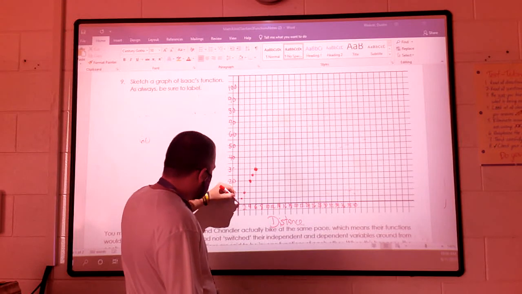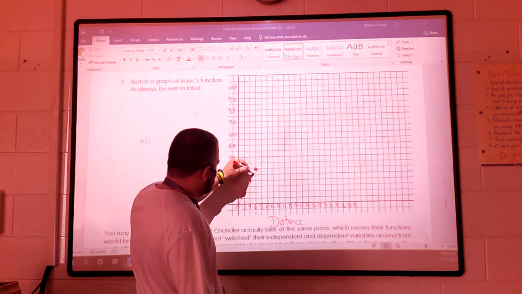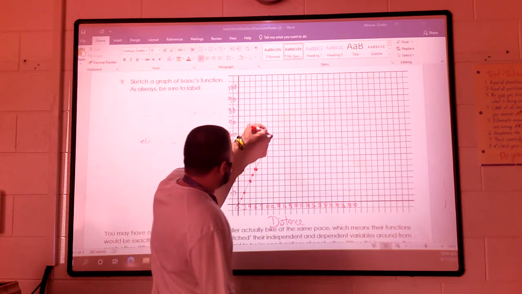So we've got this line. And notice if we keep it going, it looks like that.